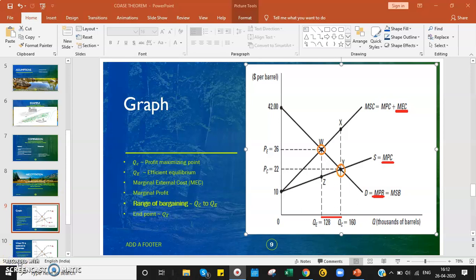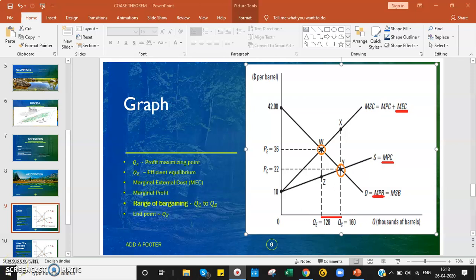In other words, the negotiation process will continue as long as the marginal external cost which fishermen are incurring is more than the marginal profit which industries are earning. And the negotiation process ought to end when the marginal external cost is equivalent to the marginal profit.